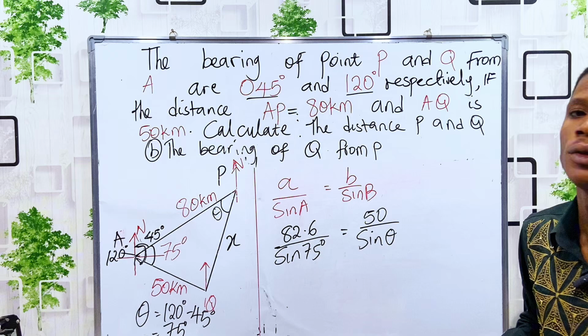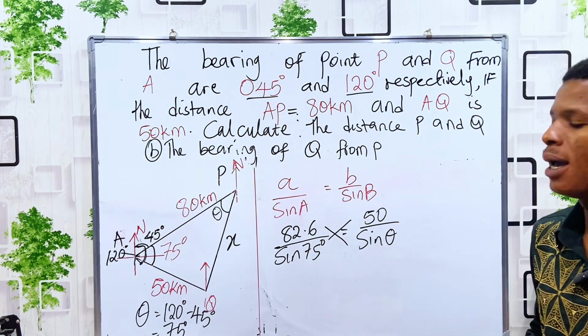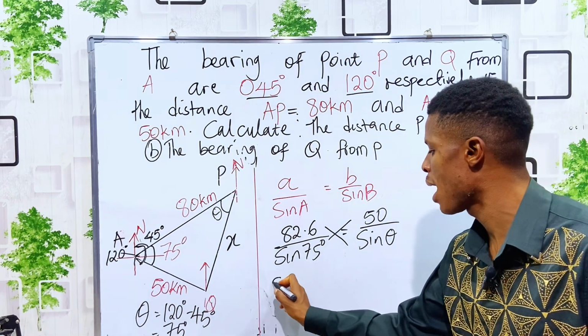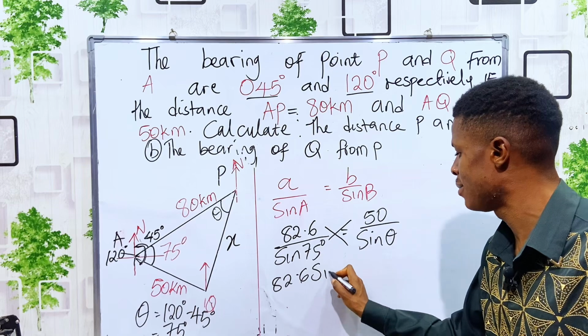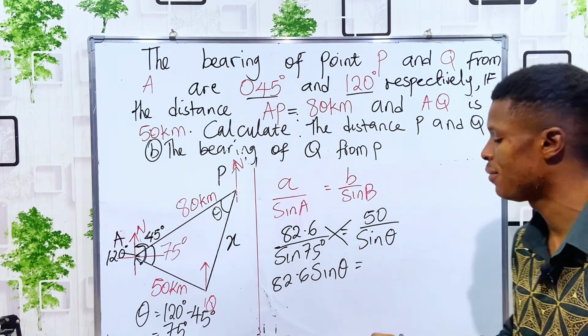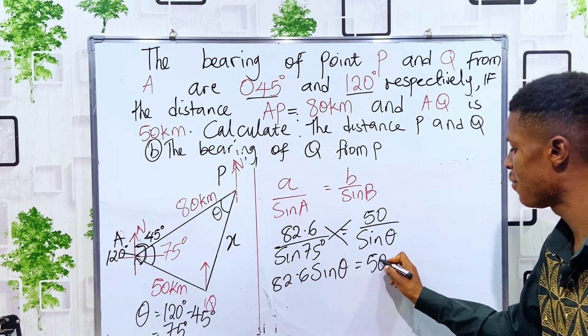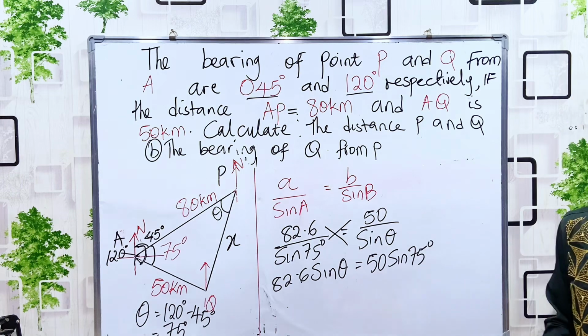We don't actually know the angle, so to get theta we cross multiply. We have 82.6 sine theta is equal to 50 sine 75 degrees.